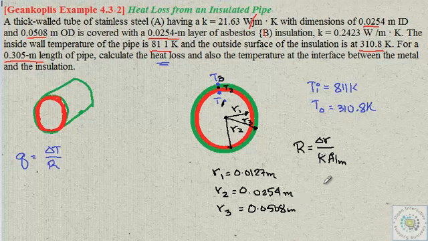Other information we need is the conductivity. For the steel, we must know its conductivity, and also for the asbestos. For the steel we have 21.63 watts per meter Kelvin, and the asbestos is quite low, that's why it's used as an insulation, 0.2423 only.